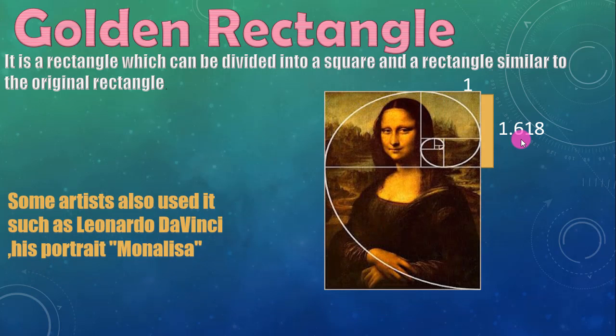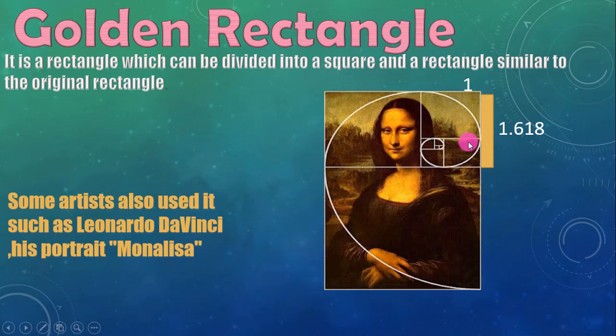For example, the Mona Lisa portrait is also a golden rectangle. By looking carefully at this portrait, it is divided into a square down here and a rectangle. This rectangle is also a golden rectangle. By subtracting this square, it gives me a golden rectangle. By subtracting this square, it gives us a golden rectangle.